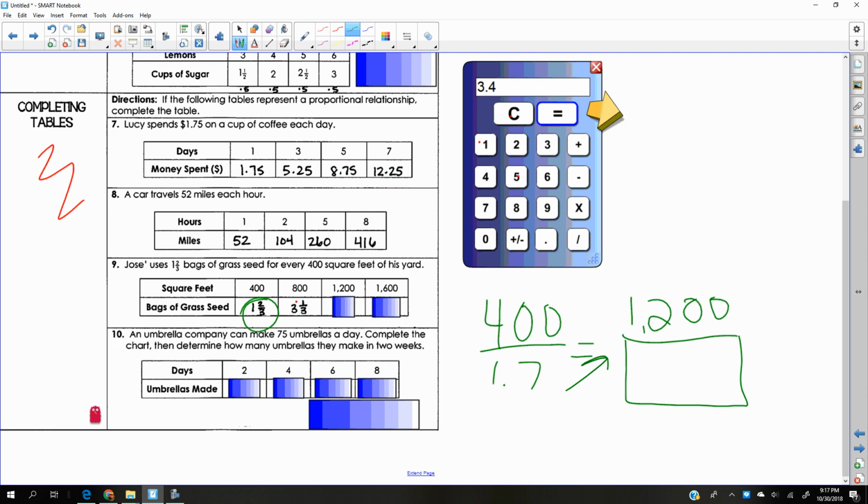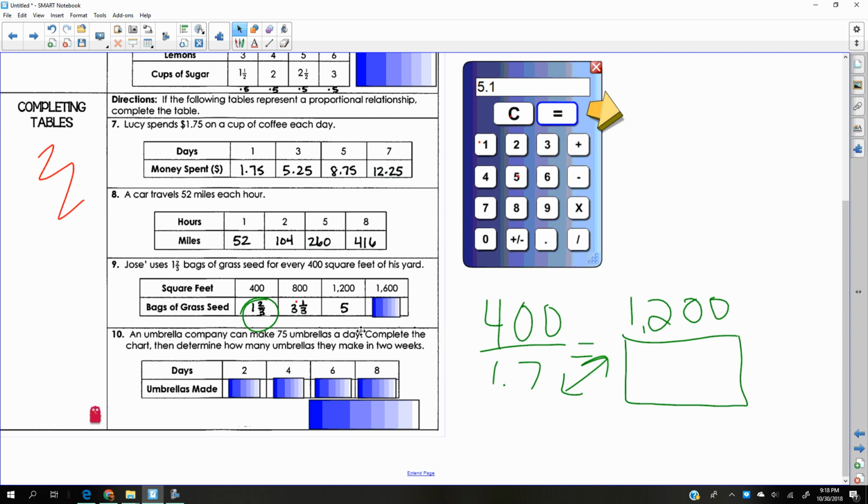So cross multiply 1.7 times 1,200 equals, so we get 2,040, and then we divide it by 400, and we get 5.1, or 5/10, which is rounded to 5.